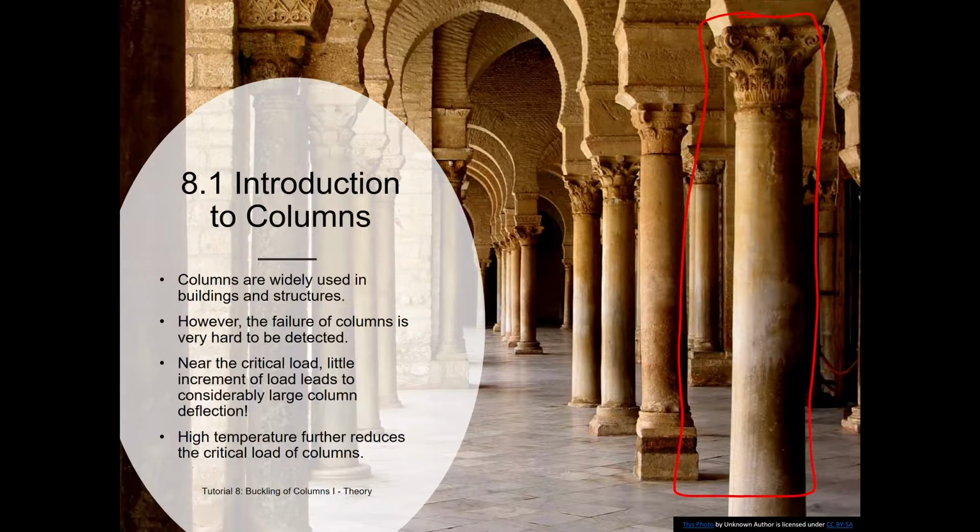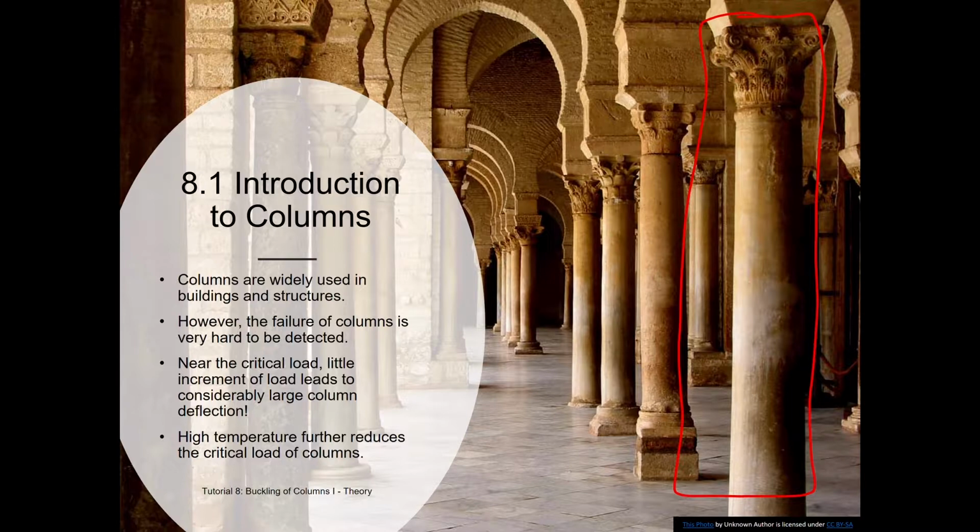It is about a stability problem. If the load inside the column is too large, larger than its critical load, then the column will suddenly or very rapidly be destroyed, and it can be very hard to detect.